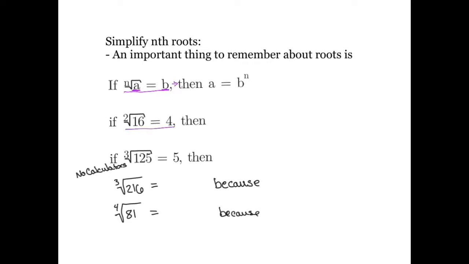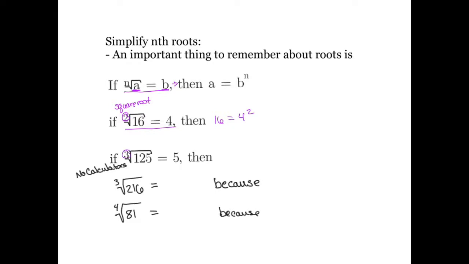So like in the case of this problem, the 2 would represent the second root, which we also know as the square root. And we don't usually write the 2 there, but for the sake of showing this connection, we want to have the index number. So this allows us to say that 16 is equal to 4 to the second power, which we know.